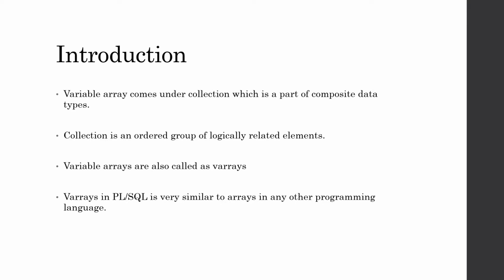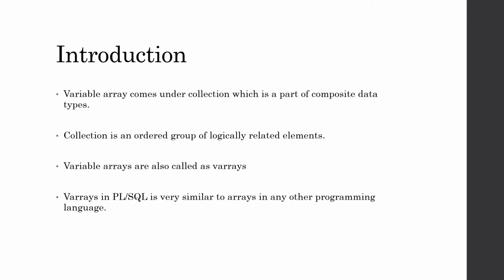So coming back to collection, collection has three subtypes, that is variable arrays, associative arrays, and nested tables. So we will be more focusing on variable arrays. Collection is an ordered group of logically related elements. As I said earlier, in collection we can store more than one value, but they all should be of the same data type.